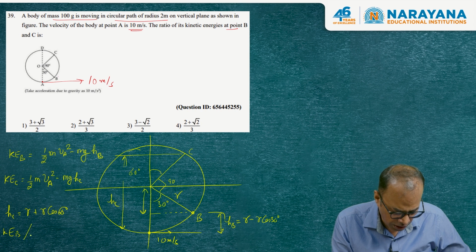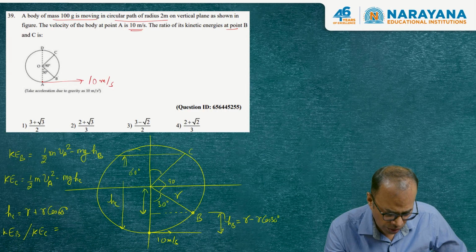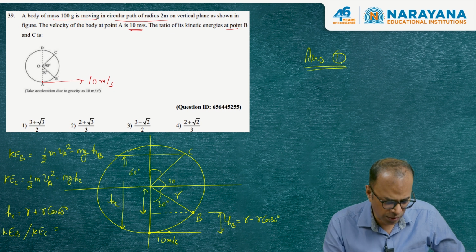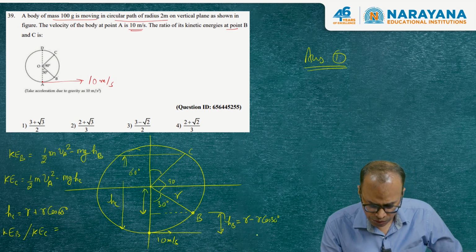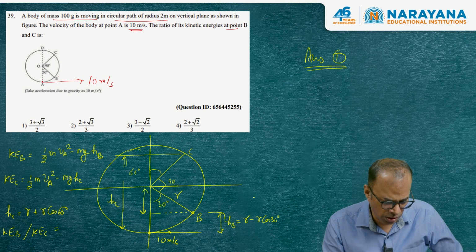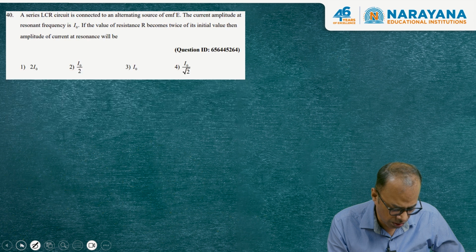The kinetic energy at B to kinetic energy at C can be calculated by dividing these two expressions. So this is a lengthy equation. It requires you to calculate. The answer after solving comes out to be option 1, 3 plus root 3 by 2. So this is one of those questions which is going to take time in the exam. If you are able to save time from other questions, you can solve this.